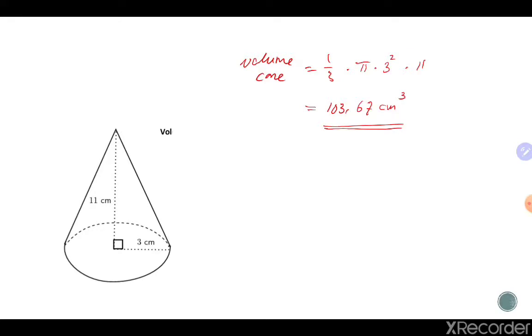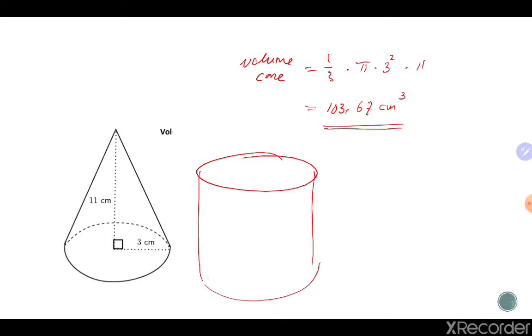So very important, the formula to calculate the volumes of the pyramid and the cone, that you do not forget the factor 1/3. Which means that if you have a cylinder with the radius of 3 and even the height of 11, if we want to calculate the volume of my cylinder, it was pi times 3 squared times 11, right?